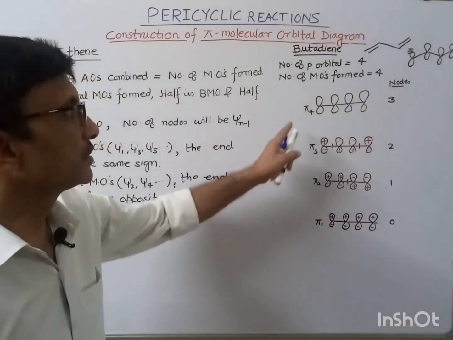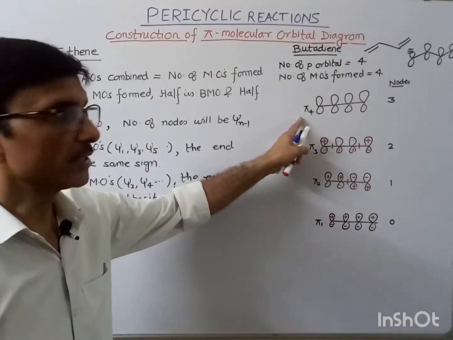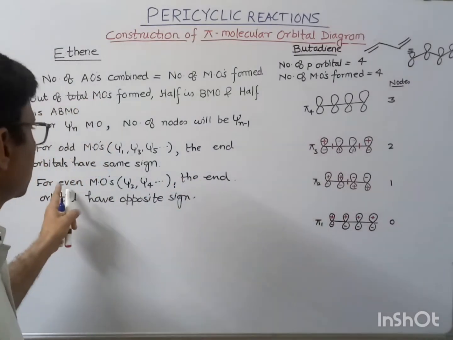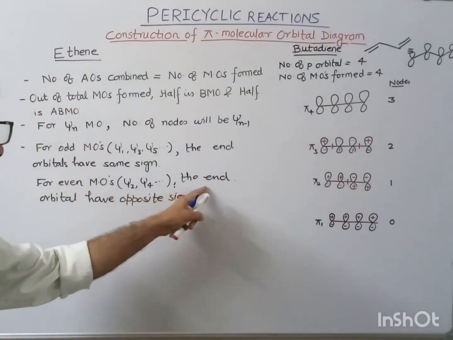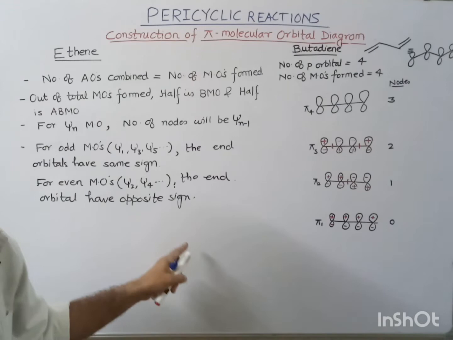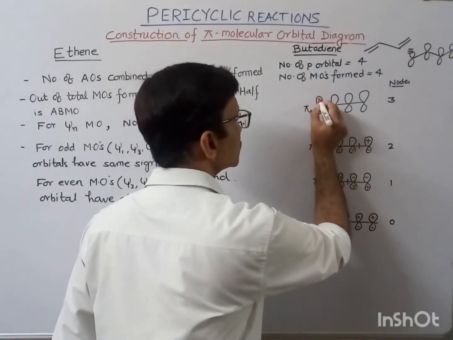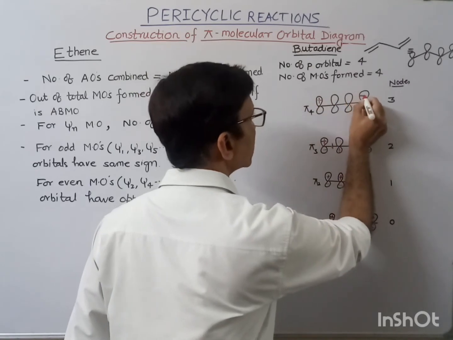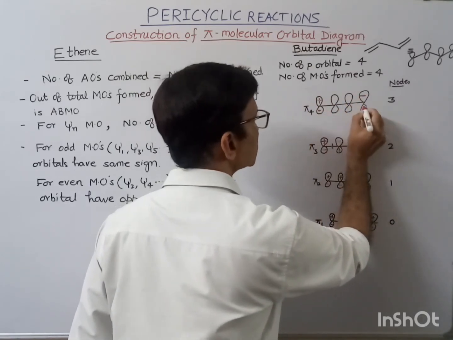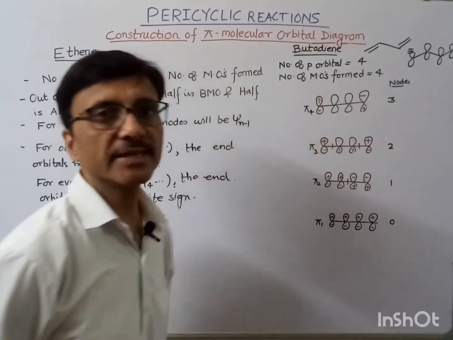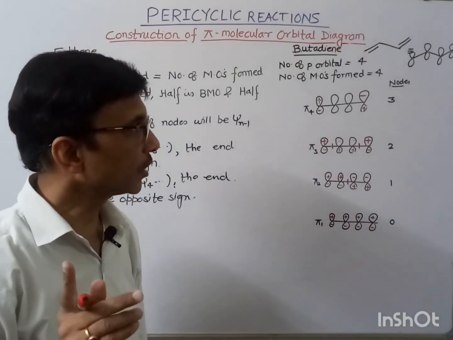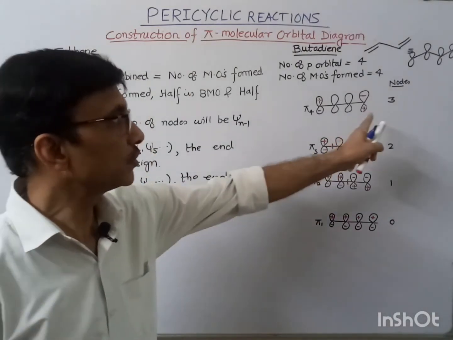In the same way, the fourth molecular orbital is an even molecular orbital, and the end orbitals should have the opposite sign. So let me write the signs over here. This is plus and this is minus. This is minus, this is plus. Now the number of nodes is 3, which is odd.